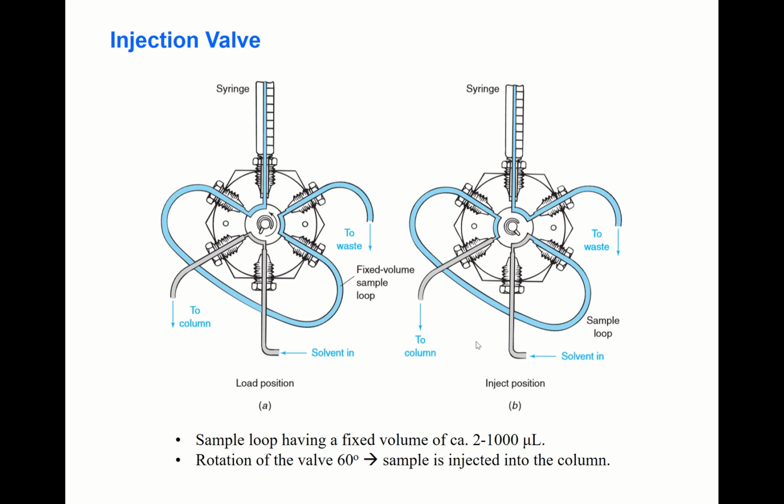This is one way to inject a precise amount of your sample. So it is a sample loop having a fixed volume. Depending on the tube size, the sample volume is between 2 and 1,000 microliters, and can be very precisely controlled. Rotation of the valve by 60 degrees injects the sample into the column.